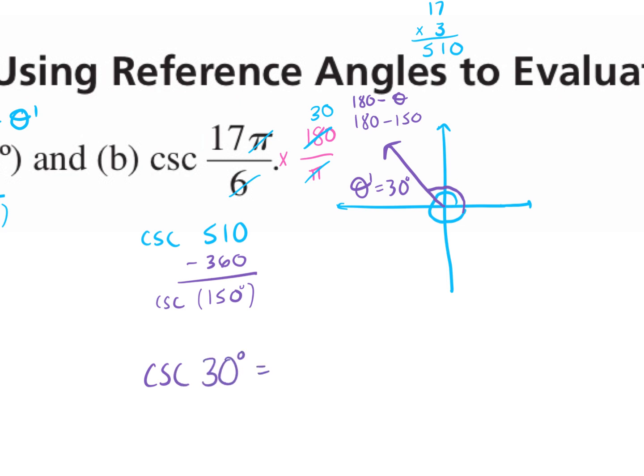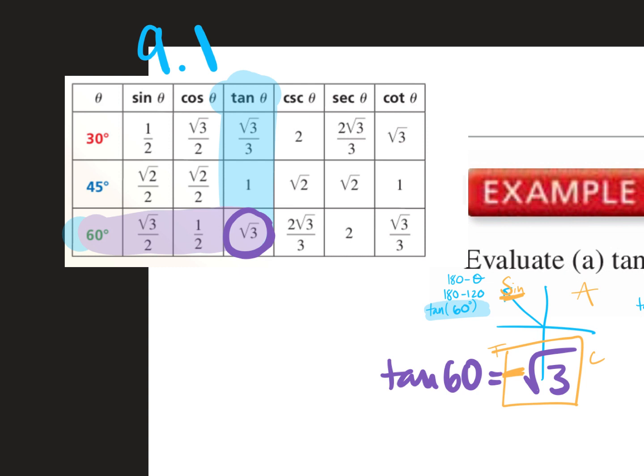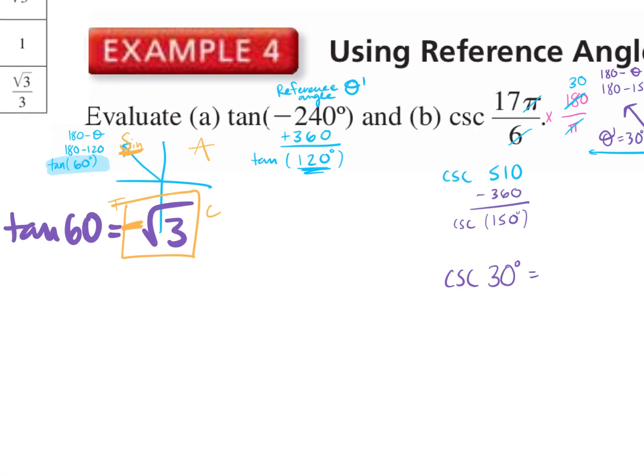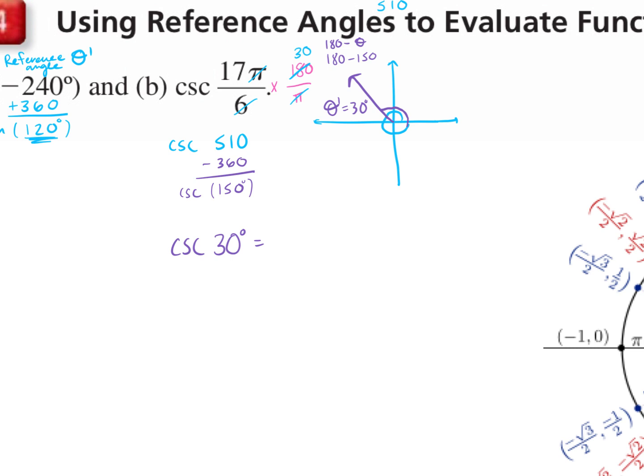is 30 degrees. So I am looking for the cosecant of 30 degrees. So I'm going to go to my chart. Cosecant tells me that it's the reciprocal of sine. So if sine at 30 degrees is 1/2, I need to flip it to find the reciprocal. So that would be 1, instead of 1/2, it'd be 2/1. So last thing we want to do is check the sign.